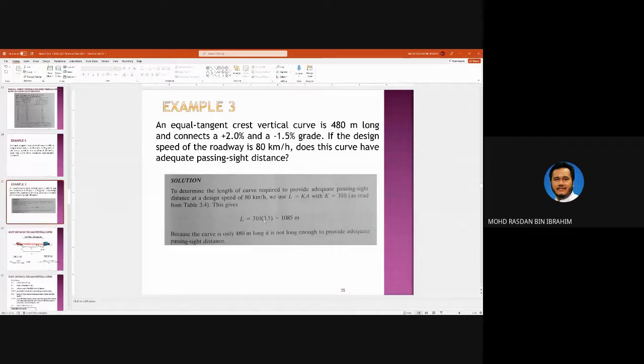So this gives L equals 1085 meters. Because the L for your design is only 480 meters, your vertical curve does not have adequate length for passing. So you must mark your road line painting with double line, meaning that vehicles are not allowed to overtake.